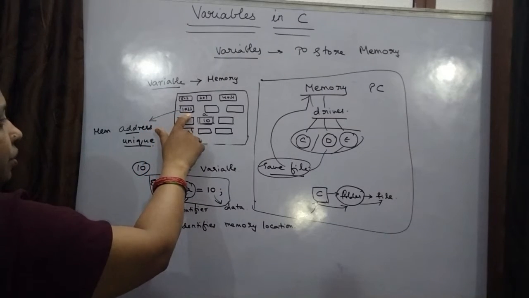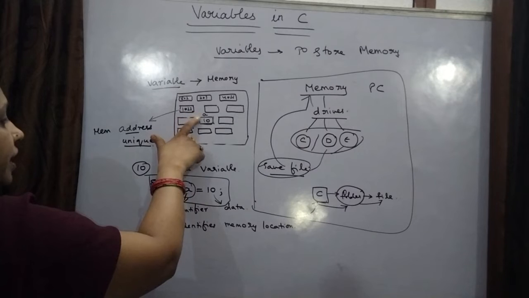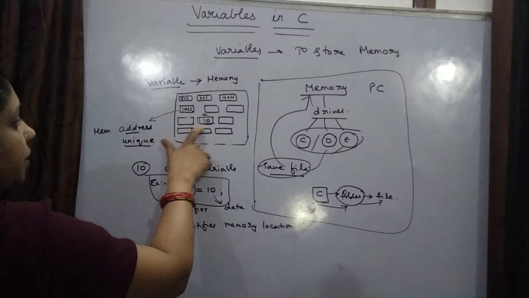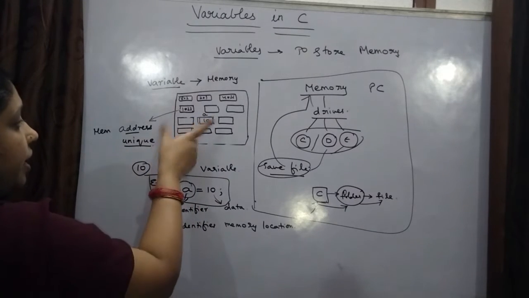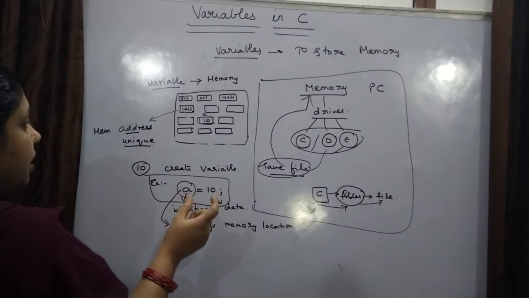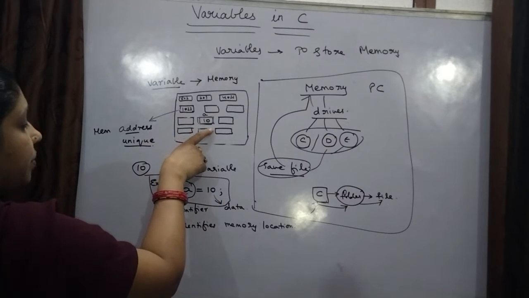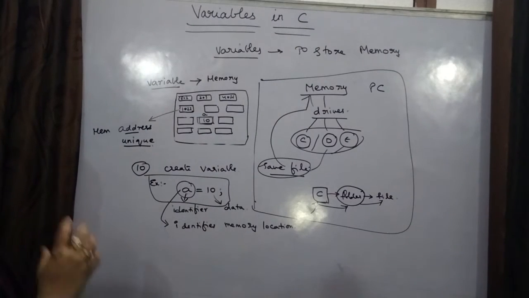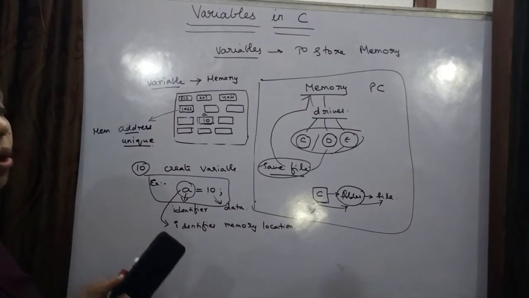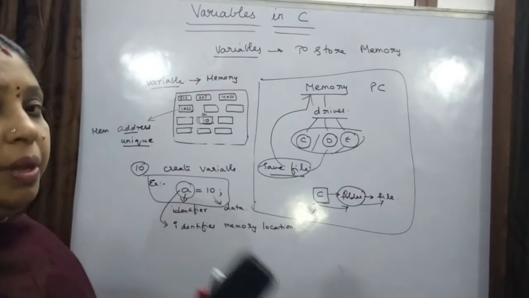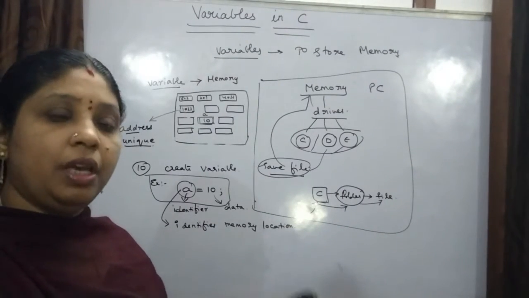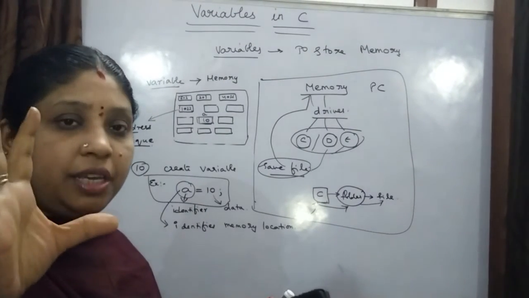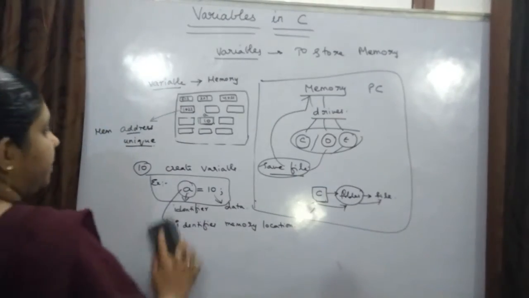When you create a variable or an identifier, that particular name is given to this memory location, and when you assign any number to that variable, the assigned value is stored in this location only. So this is the way variables store memory. That means when you create a variable, that variable will have some memory.